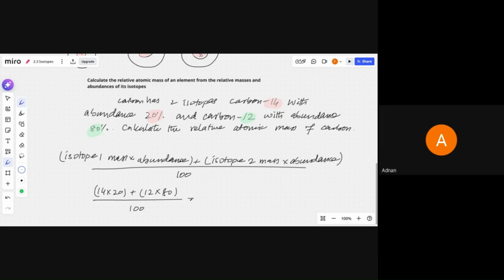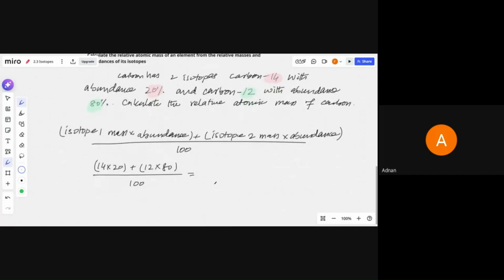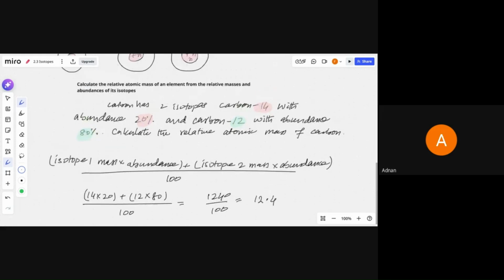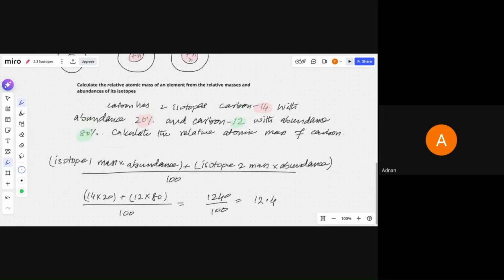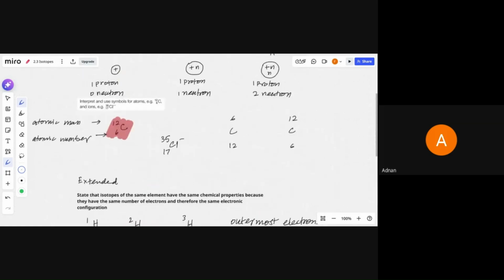When I solve this, I get 1240 divided by 100, which is 12.4. So this is the answer, and this is how we solve these questions. And this will be all for today.